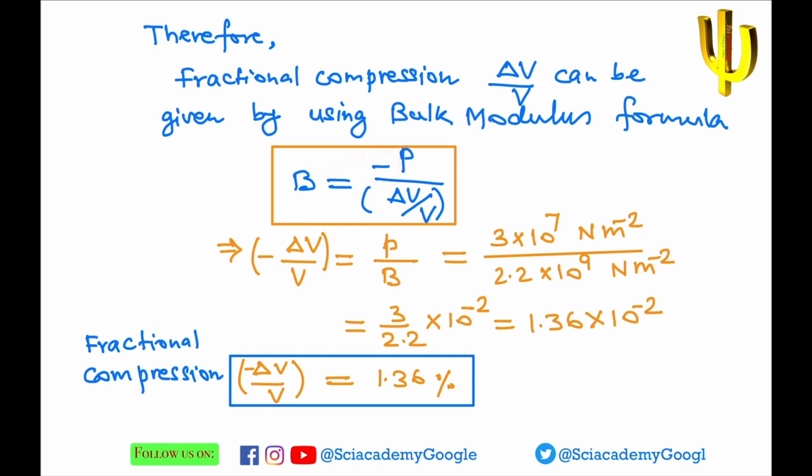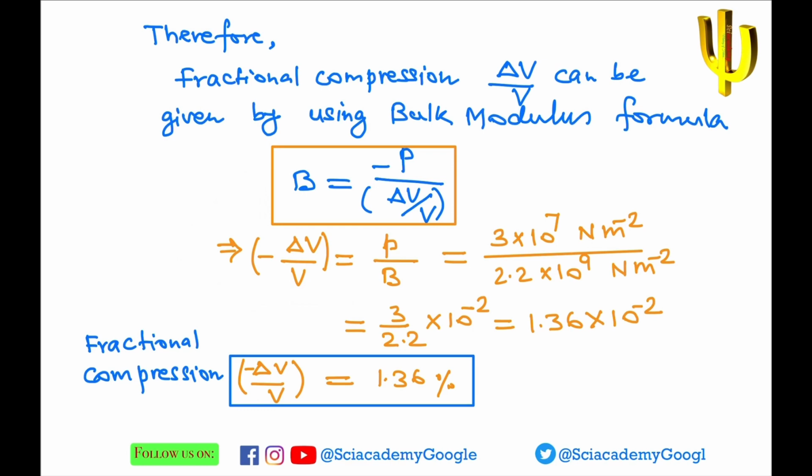There is a negative sign so that the final bulk modulus is positive, because in hydraulic pressure there is always a decrease in the volume, so the volume strain will be negative. This negative and this negative will make it positive. That's why we take the negative here, right? Because of the hydraulic pressure, there is always a decrease in the volume of the object placed in the fluid.